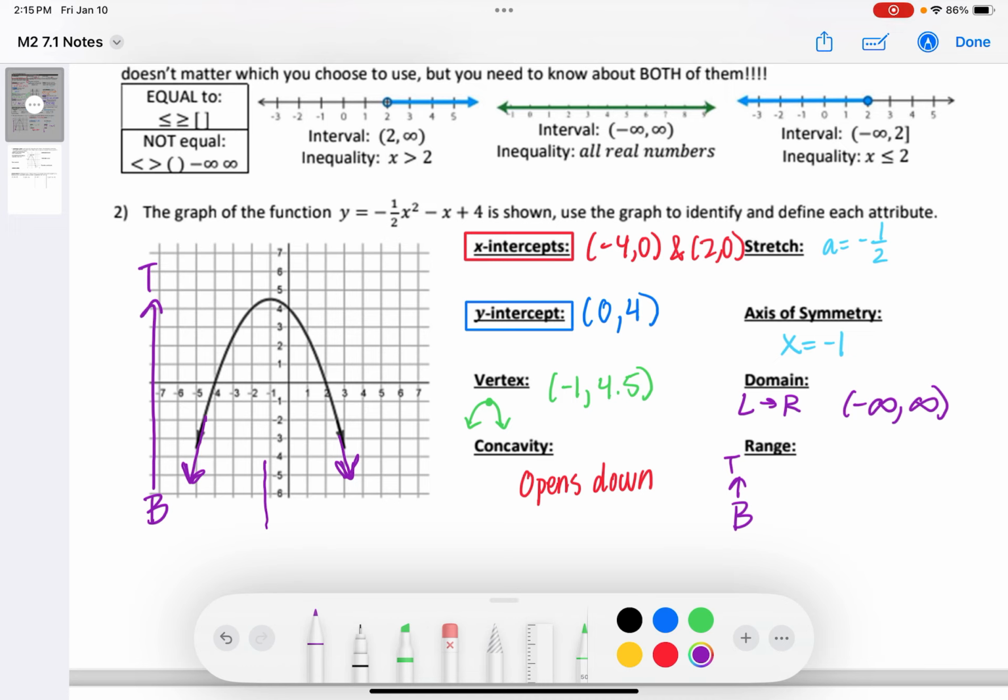It's coming from -infinity, because again you're looking at all of your y values. Then if I keep reading up to the top, my graph stops right there, which is where on the y-axis? 4.5. Put in your bracket, because that's where it definitely stops. So this is perfect, and that's my answer for number 2.